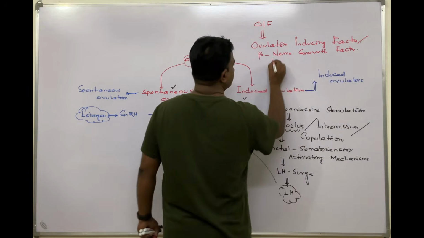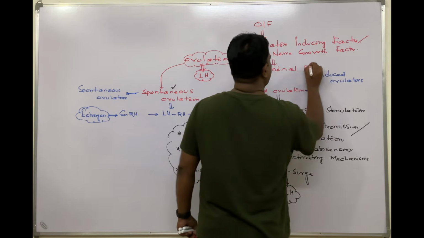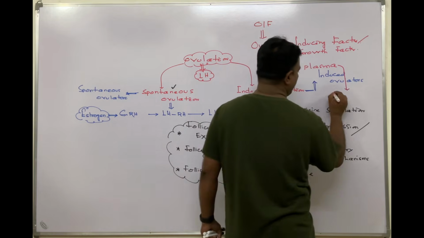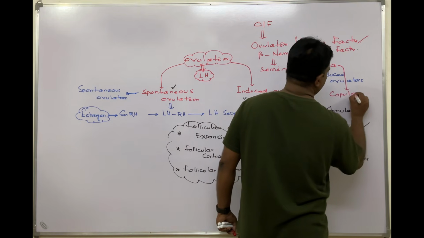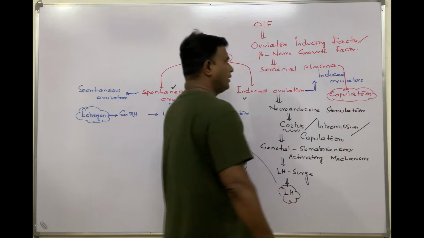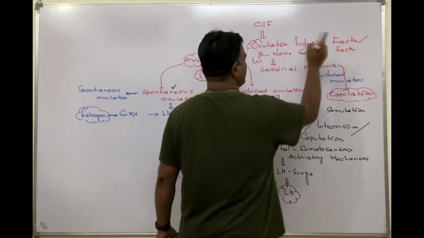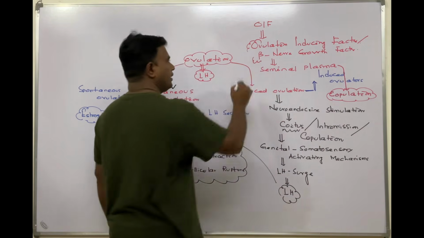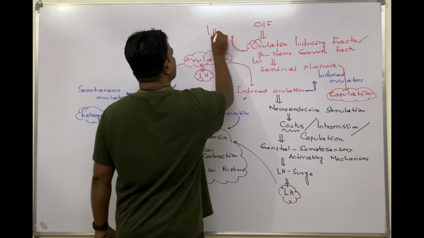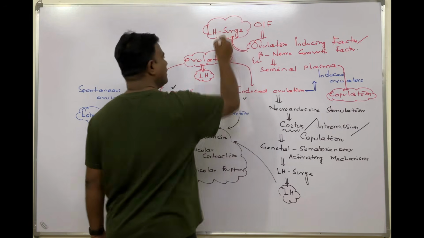This is the factor which is present in the seminal plasma. During the time of copulation, this comes inside the female body. And this ovulation inducing factor, or OIF, is said to be the regulator of the LH surge. So this is a mechanism which is now gaining importance.